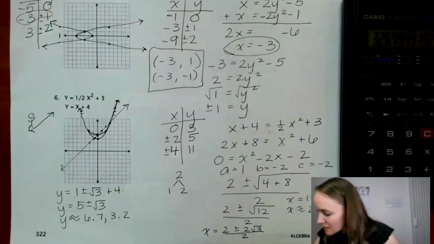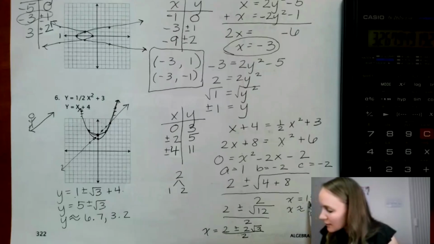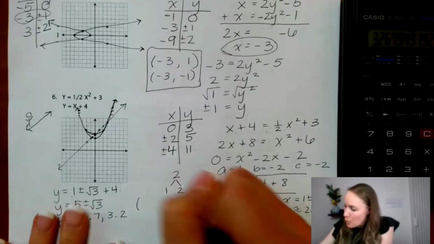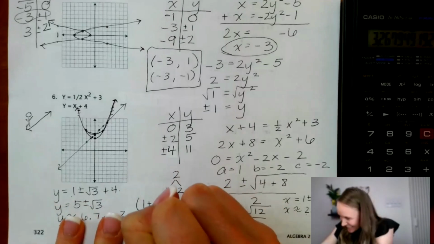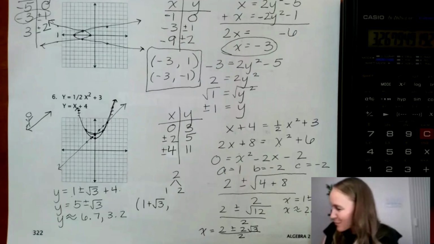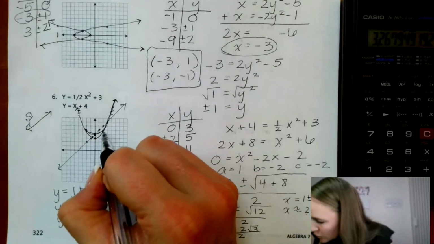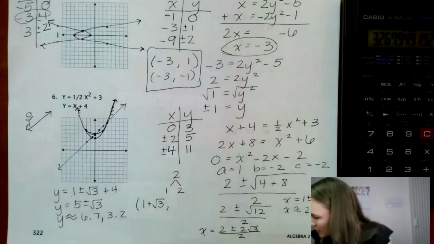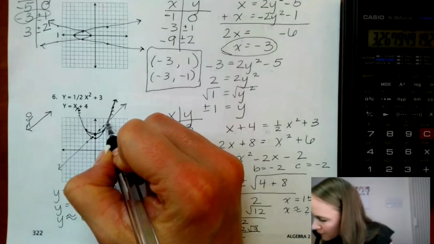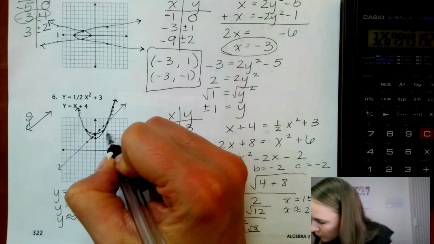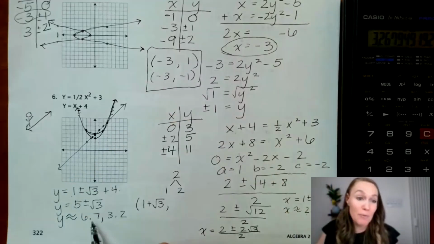So let's see. The case of 1 plus root 3, what does that pair up with? 1 plus root 3 is 2.7. Yeah, 2.7 right here. That would match up with 1, 2, 3, 4, 5, 6, and some more. So that would match up with my 6.7.